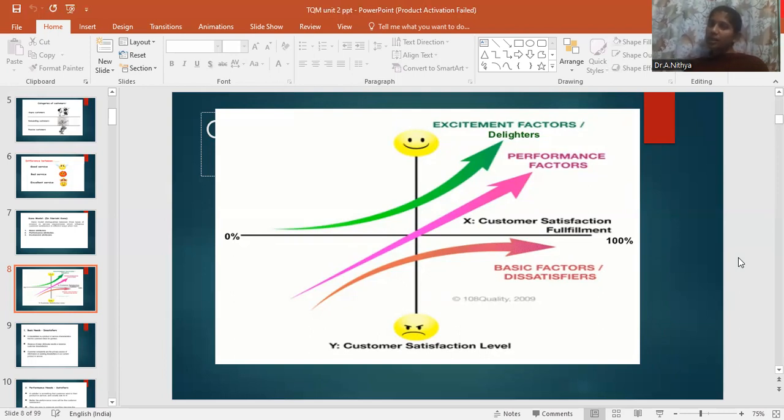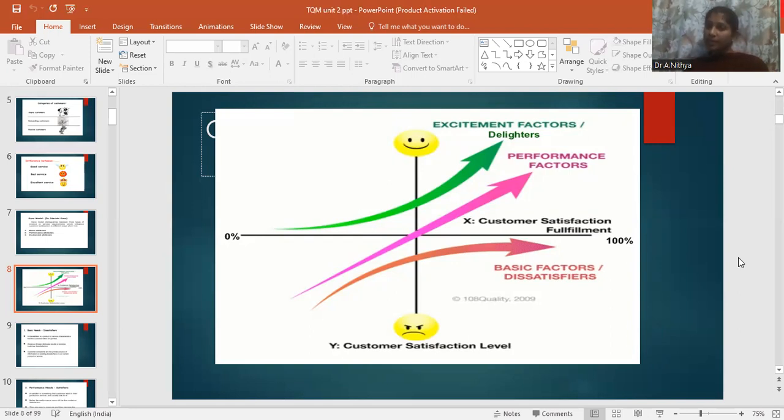So this pink arrow represents moderate satisfaction because of performance factors. This red arrow indicates the customers are not at all satisfied due to the basic factors. So they are called dissatisfied.